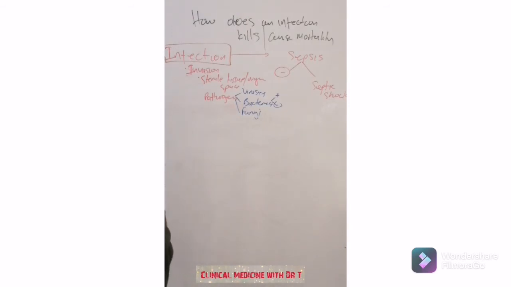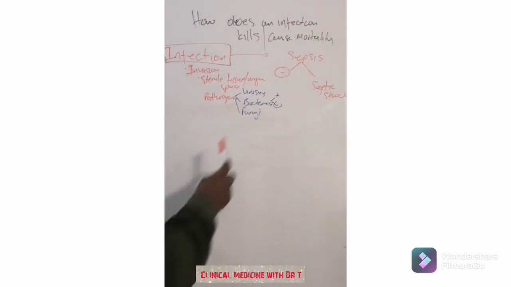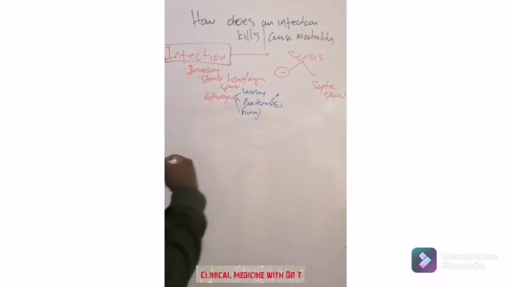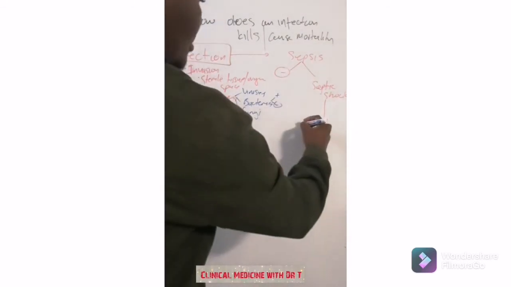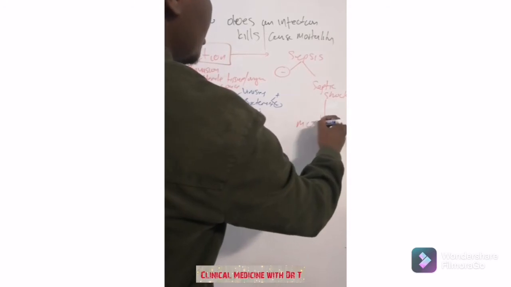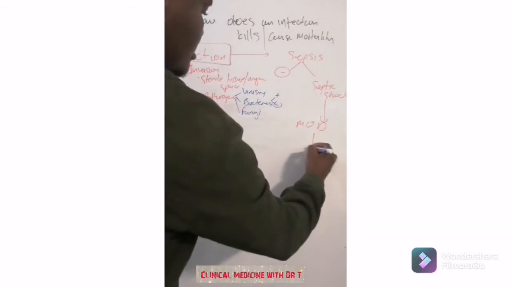So there are patients that you're going to find here, they just have an infection. Then there are patients that you're going to find there, they have sepsis without features of septic shock, or you find them here, or you find them already down here with a multi-organ dysfunction, or you find them here.